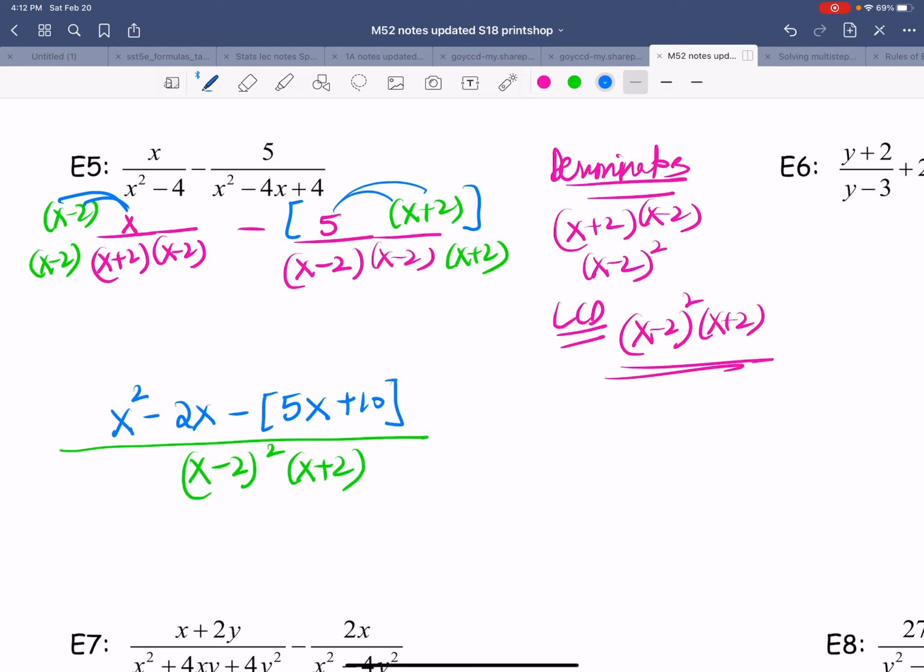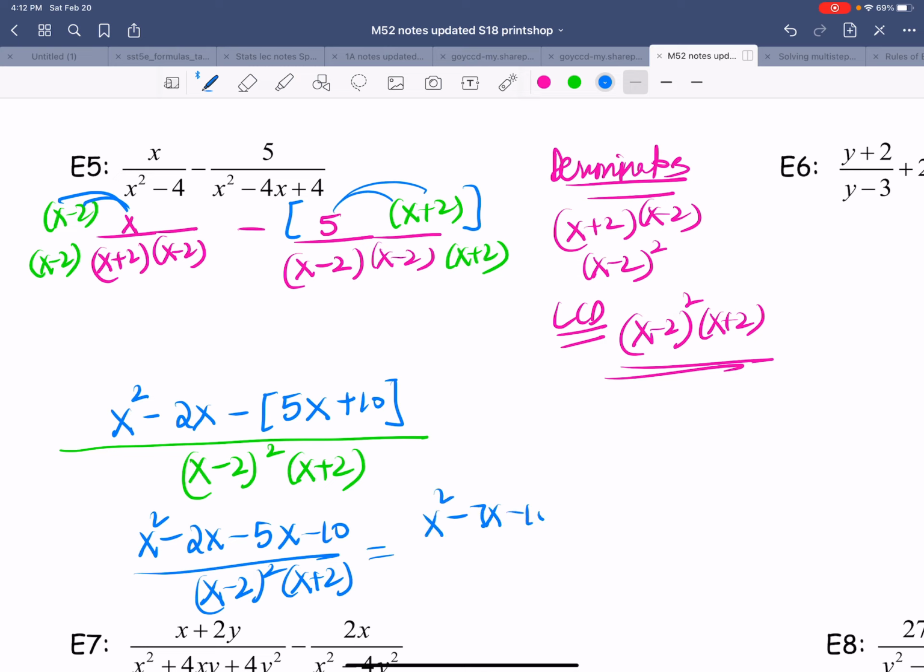Okay, let's see. X squared minus 2x minus 5x minus 10 over x minus 2 squared, x plus 2. So x squared minus 7x minus 10 over x minus 2 squared times x plus 2. Let's see if I can factor the numerator anymore and cancel out the common terms.